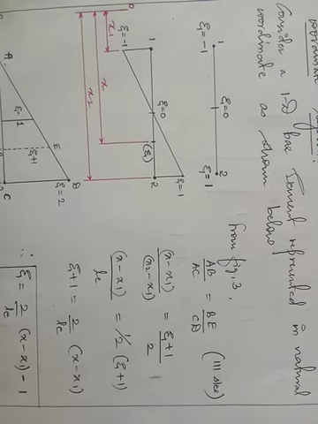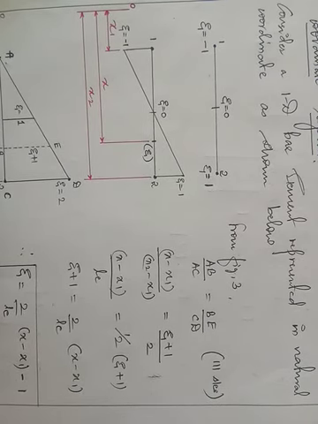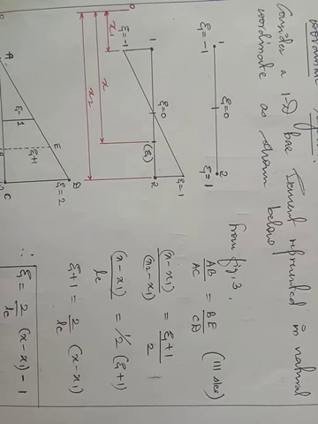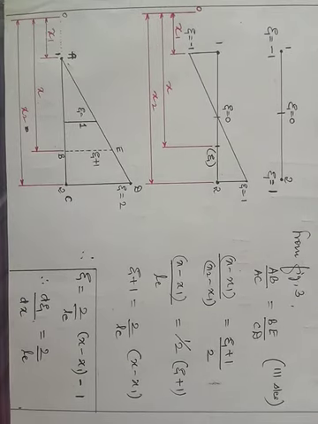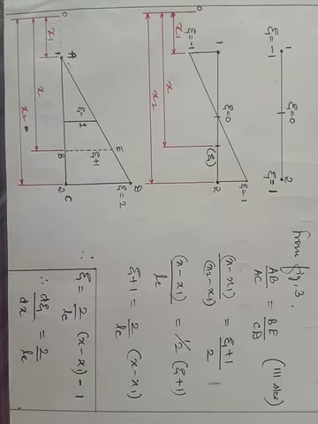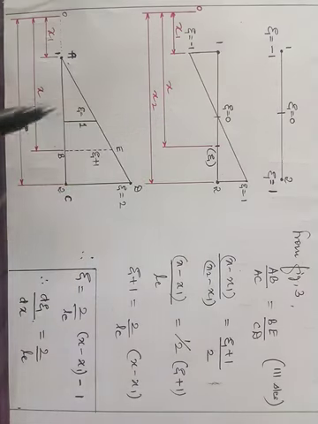So consider a one-dimensional bar element represented in natural coordinate system. Now this is the element I have considered. There are three figures: figure number 1, figure number 2, and figure number 3. I'll be explaining all of these step by step.